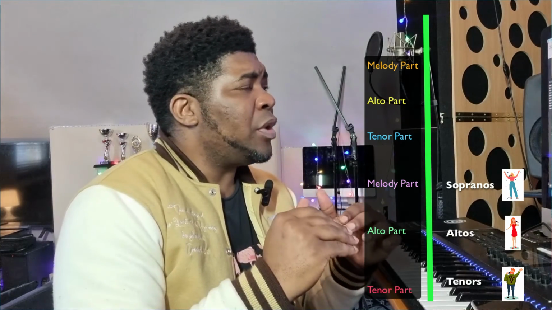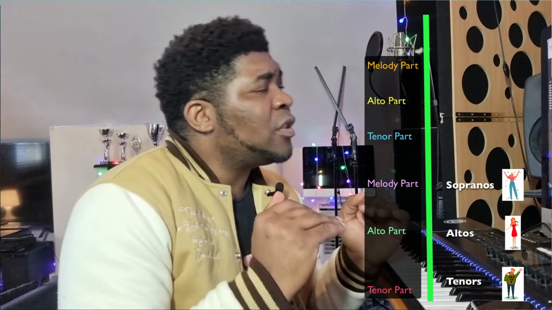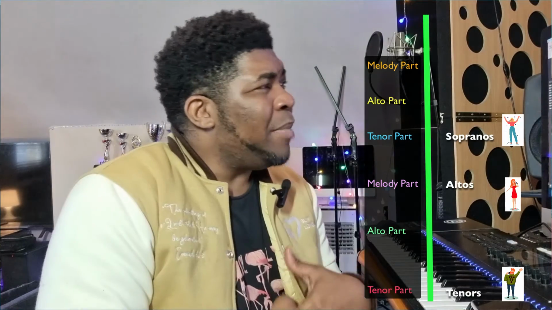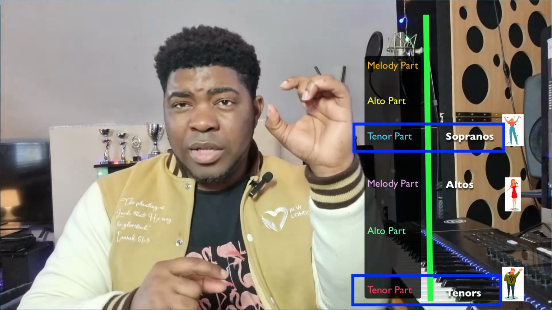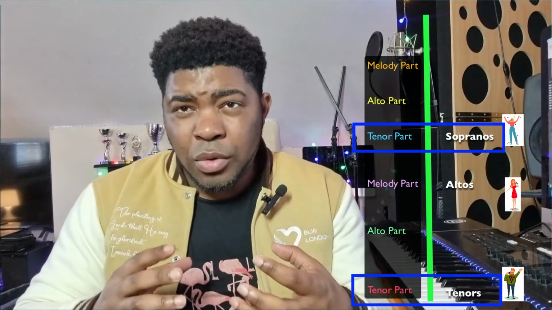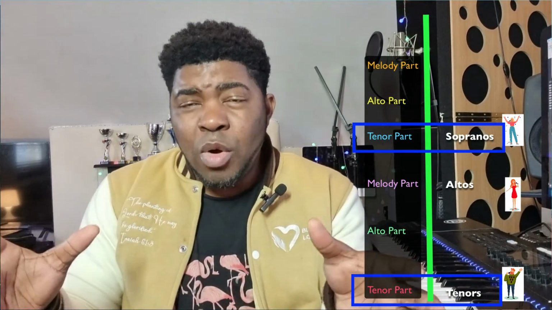And the alto voices singing the alto part now shift up to sing the melody, and maybe the tenors did not move. Here's what's going to happen. You're going to have two groups singing exactly the same parts, but one is singing it in a higher octave and the other is singing it in the lower octave, causing an overload. So we have a whole lot more people singing the same part.